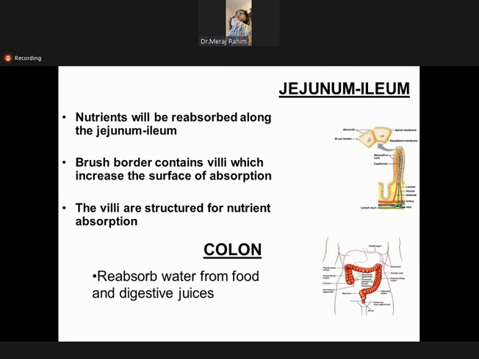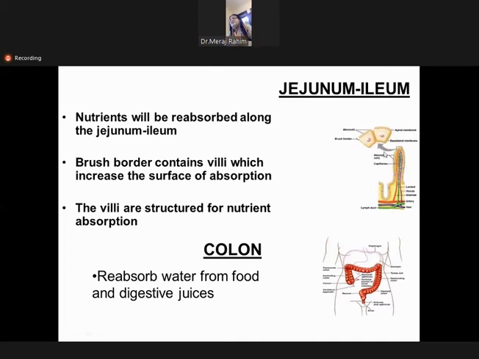Then coming to the jejunum and ileum. If you look at the jejunum and ileum, we can see the nutrients, as they further move down from the duodenum into the jejunum and ileum, further digestion and absorption occur. As I told you, the brush border enzymes which we have just discussed will increase the absorption, because they are in the form of villi.